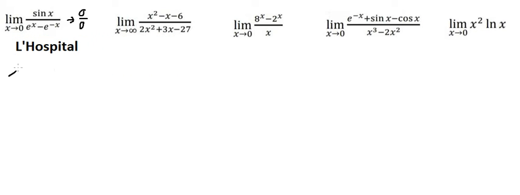So that means we have the limit as x approaches 0, and we take the first derivative of the numerator and denominator.